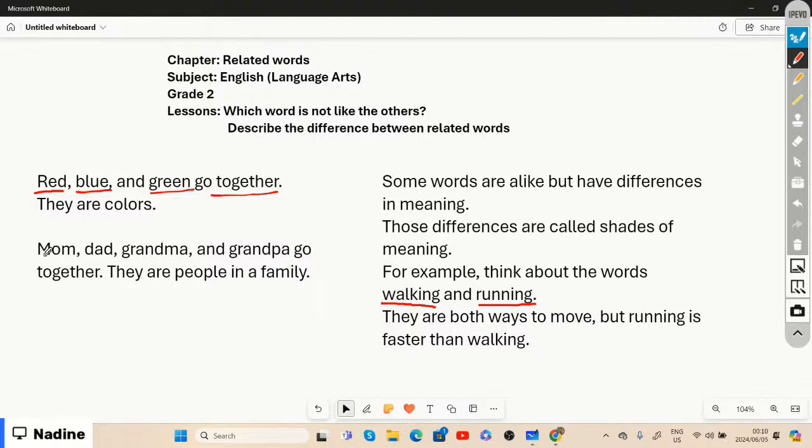And then we also have words like mom, dad, grandma, and even grandpa, right? These are words that go together, and these are people in the family. You can even have words like sisters, brothers, and these are siblings because they go together.